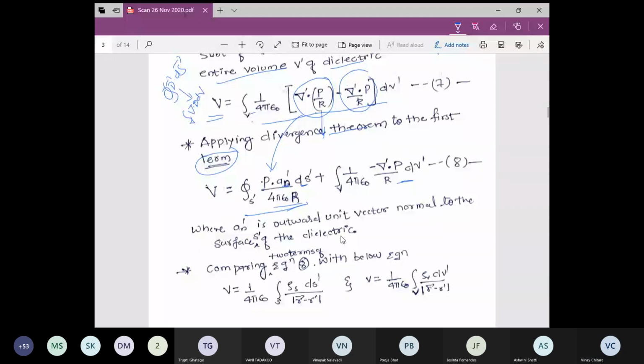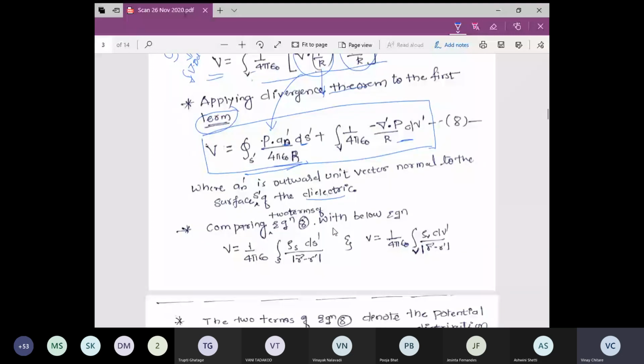Now we have some nice physical interpretation for this. Here, a_n hat is an outward unit vector normal to the surface S of the dielectric. Now comparing the two terms of equation 8 with the equation below.